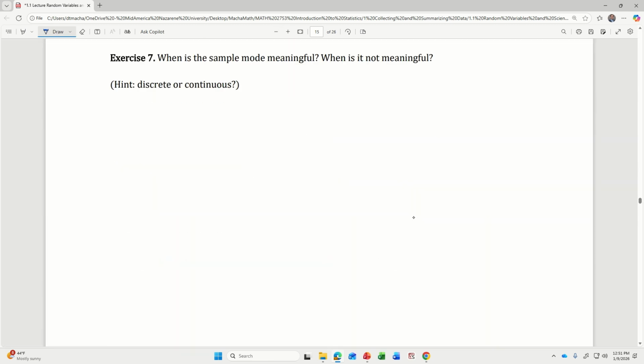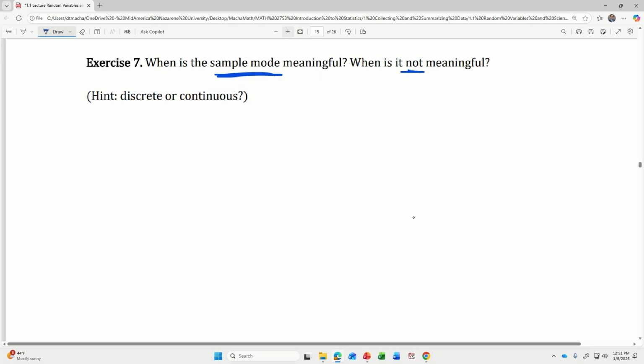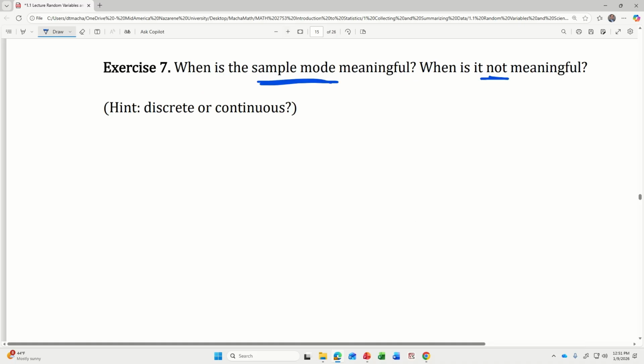When is the sample mode meaningful? When is it not meaningful? The hint here is, are we talking about discrete or continuous? If I had a discrete random variable, is it meaningful to ask about the sample mode, the most frequent outcome? Yes. If I have a continuous random variable, would it make sense to ask about the most frequent outcome?